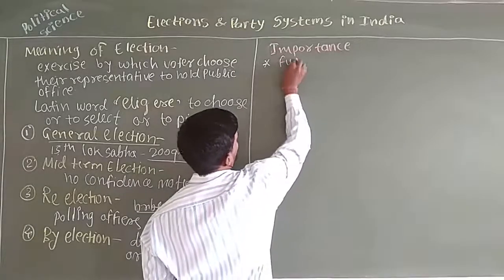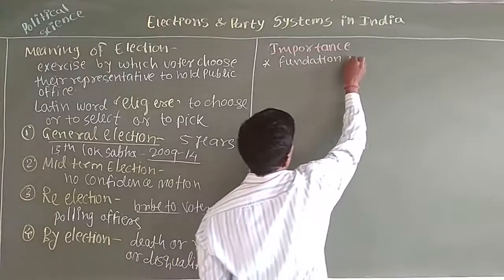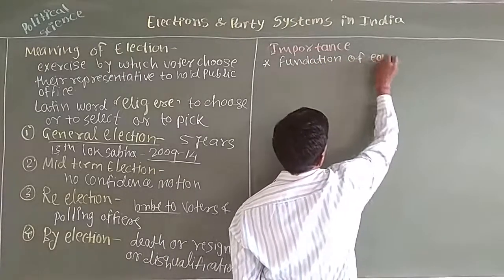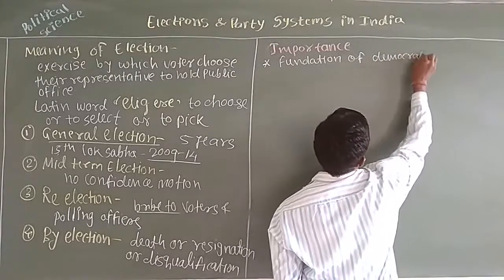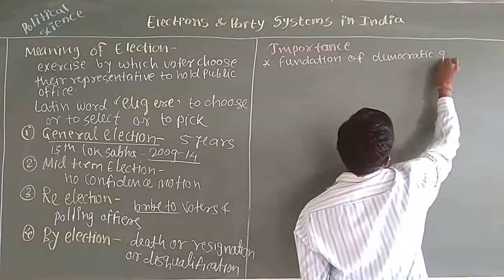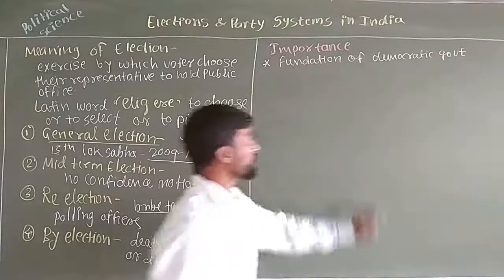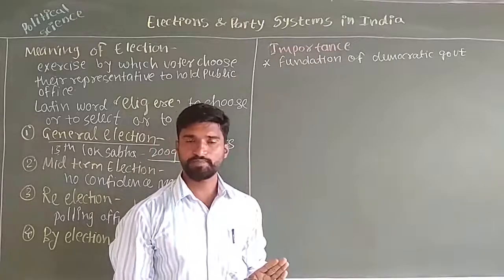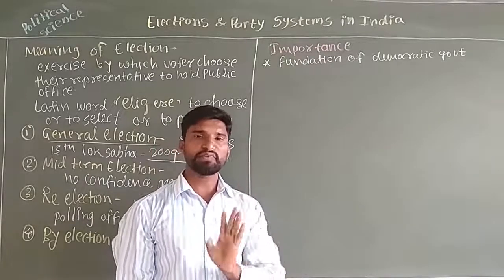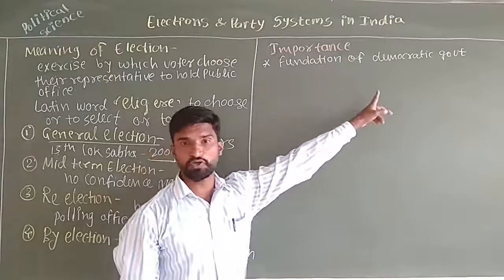Foundation of democratic government. The main or important characteristic of democratic government is elections. Elections are mandatory, so they provide a foundation to democratic government.